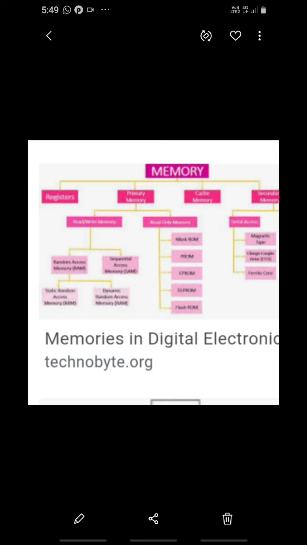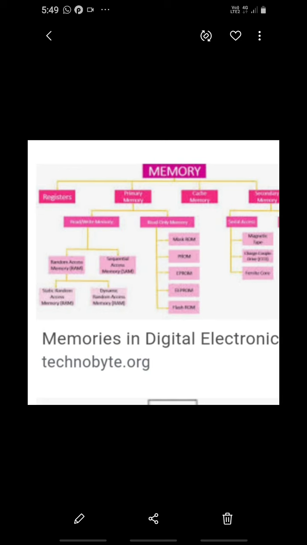Example, ROM and RAM. Semiconductor memories are used as a main or internal memory of a computer. It stores programs and data that are being processed by the CPU.